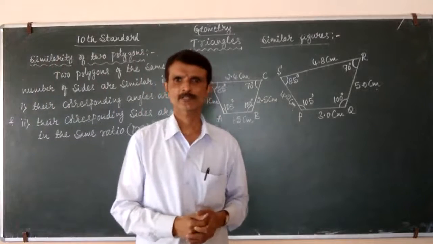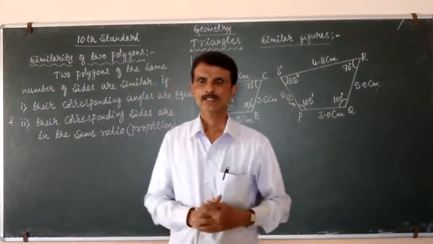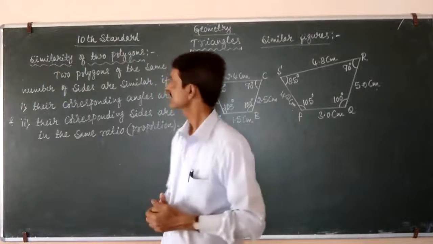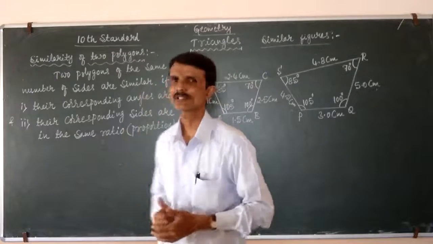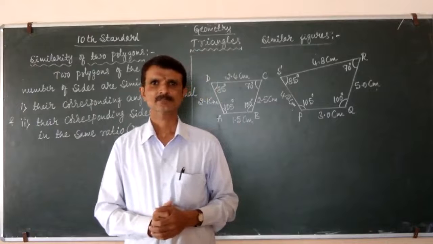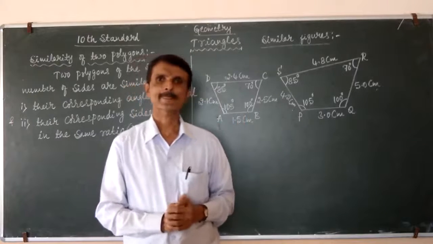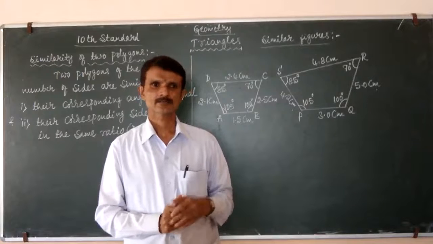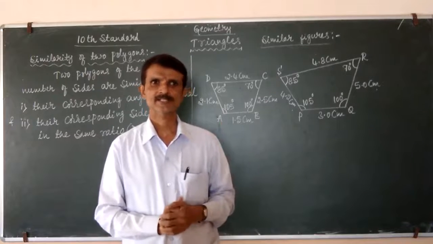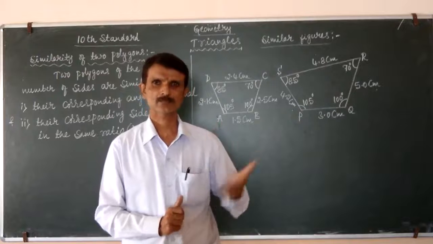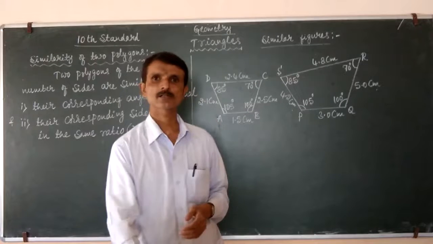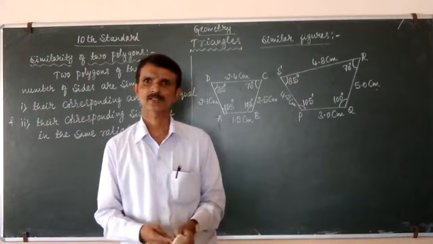Now students, we will apply this similarity to polygons. Polygons you have already studied in the ninth standard. A plane figure which contains three or more sides is called a polygon.